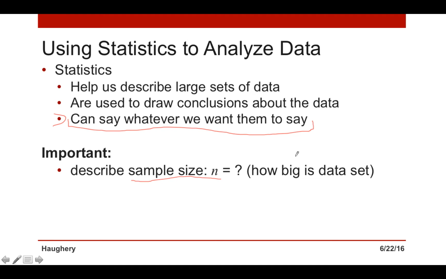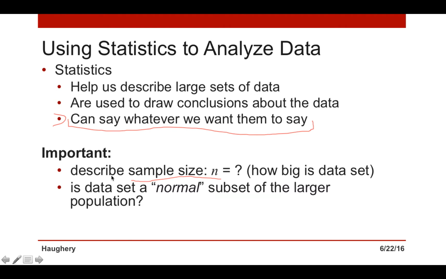Say you're measuring the cylinder pressure of a piece of equipment, and you want to get an average cylinder pressure across 100 different pieces of equipment. So you measure cylinder 1, cylinder 2, all the way up to 100, right? So you have a sample size of 100. It's important to describe how many measurements or samples you got, because the concept is the larger the sample size, the more accurate your statistics will be.